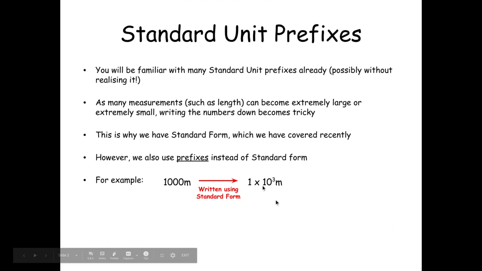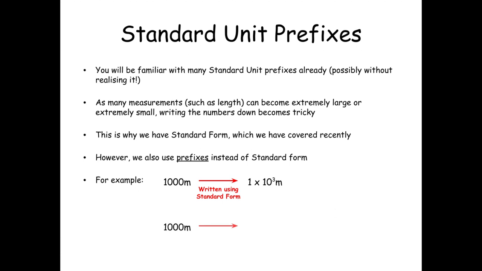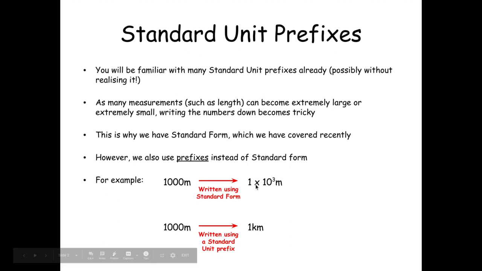Okay, so that is how we write it in standard form, but you'll probably also know that 1,000 meters is 1 kilometer. So therefore, if you see a number, something times 10 to the 3, you could also say it is in kilometers in this case, okay? Or litres or whatever it is.